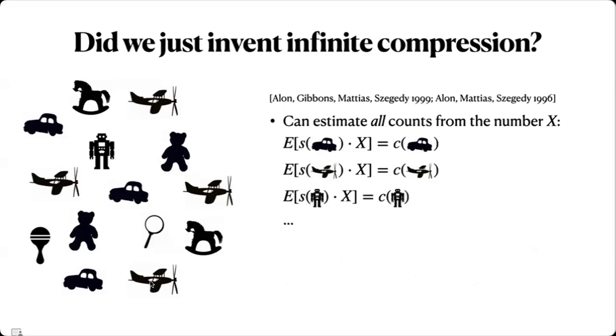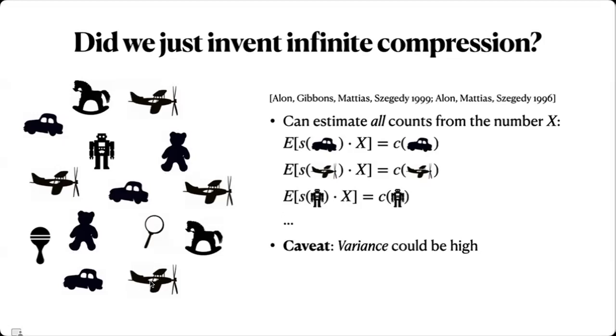We can get another expression, which is the number of airplanes in expectation, and so on and so forth. And this was analyzed in the 90s, exactly this, by Alon, Matias, and Szegedy. And of course, the caveat here is that the variance could be, and in fact will be, high.